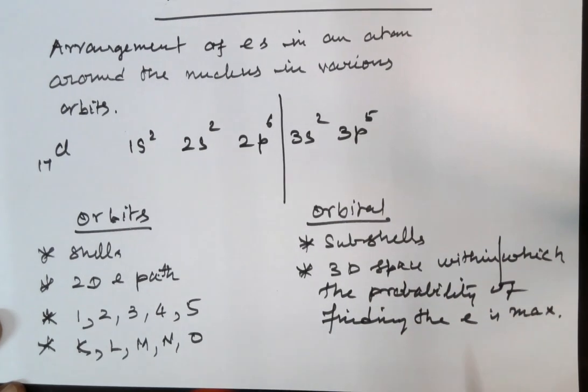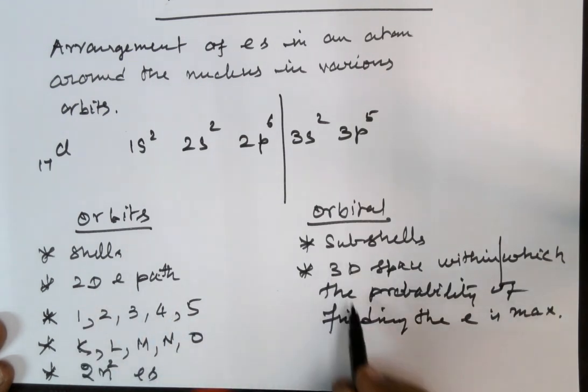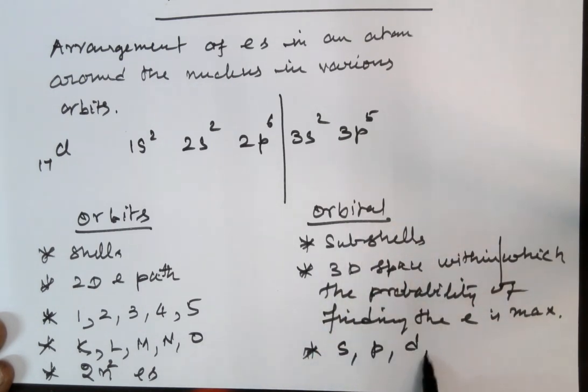In fact, in each orbit we have 2n squared number of electrons, where n is equal to 1, 2, 3, 4, 5. And we have 4 types of subshells, that is orbitals: s orbital, p orbital, d orbital, f orbital.